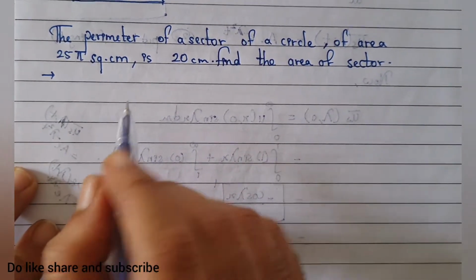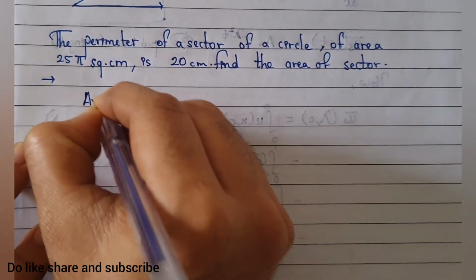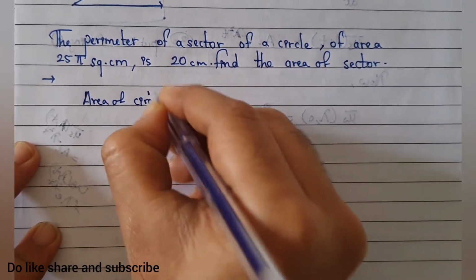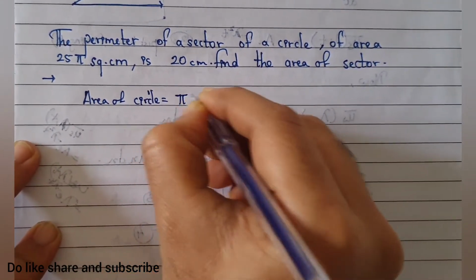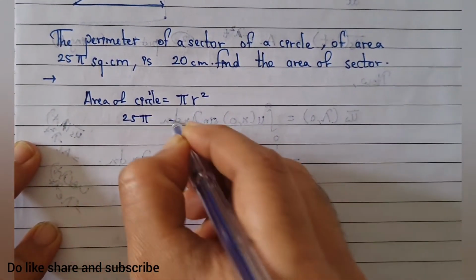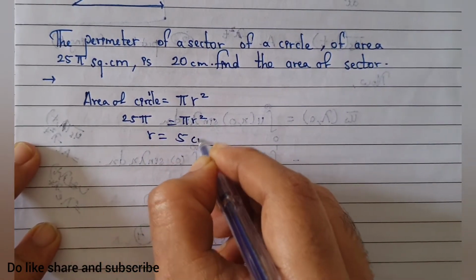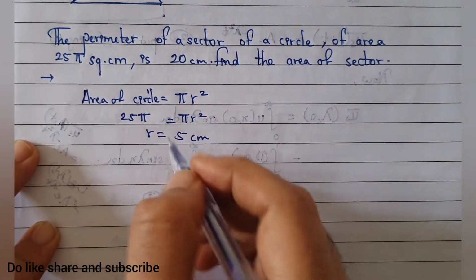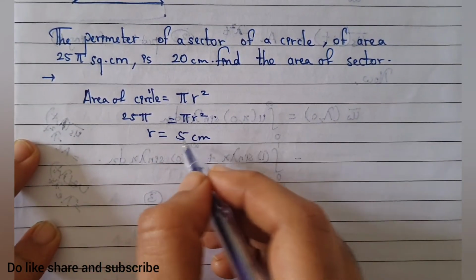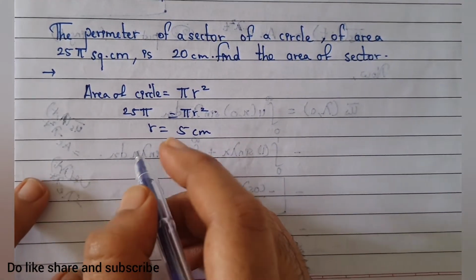We are given the area of the circle, and the area of the circle is pi r square. So 25 pi is equal to pi r square, the pi gets cancelled and 25 is equal to r square, so by taking square root on both sides, r is equal to 5 centimeter.